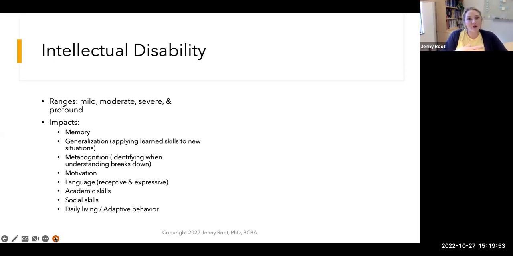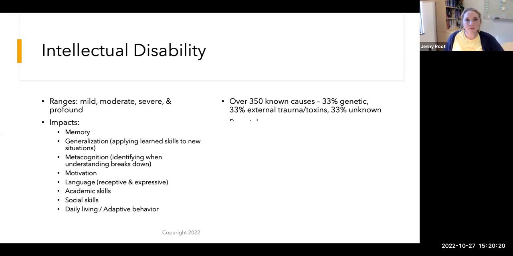So adaptive behavior is those skills that we expect, culturally and within the society, for that age. What would we expect of a 7-year-old, for example, in our society? An individual with an intellectual disability would not have those same daily living skills. And that would be different from what we would expect of a 35-year-old, for example.